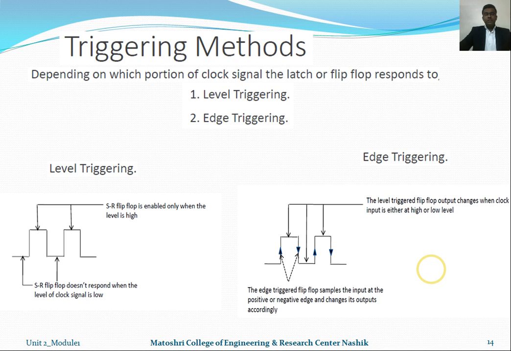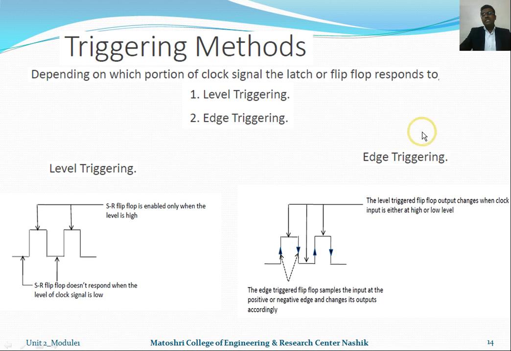So it depends on which portion of the clock pulse the flip-flop is activated, and accordingly we are going to utilize these four triggering methods. We also call them positive level triggering, negative level triggering, or high or low level triggering in the case of level triggering.